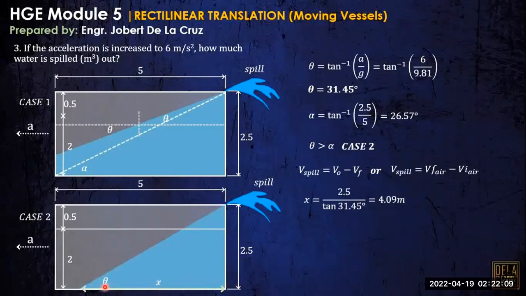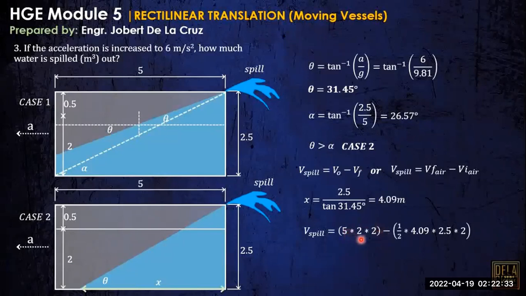Ito. So, to solve that, take note that we have the angle of theta. So, that will be 2.5 over tangent of theta. Okay? So, we have 4.09. Now, the volume of spill, by using this one, original volume of water minus the final volume of water.